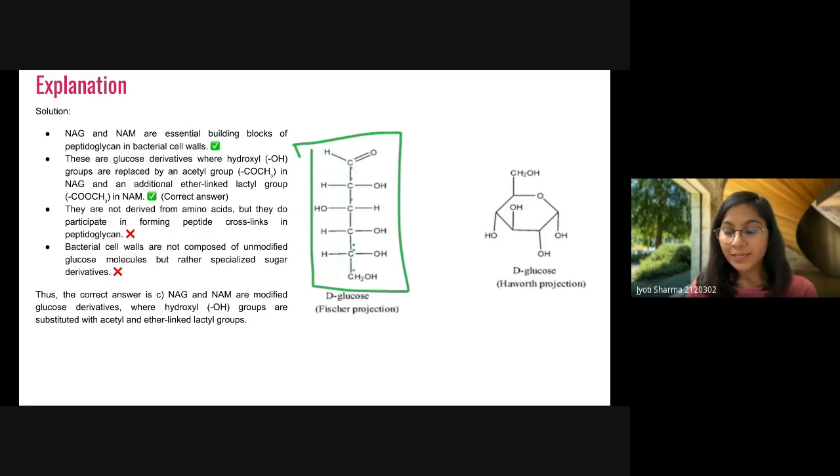So we have 6 carbons, and we have this O double bonded H, and then we have HOH linkages, and at last we have CH2OH. And if we write in the circular form, then we can write in this way. This is a different kind of projection we can do for this D-glucose. So just keep in mind, this is our glucose structure, right?